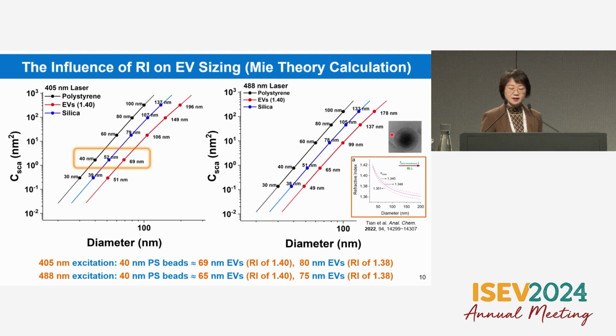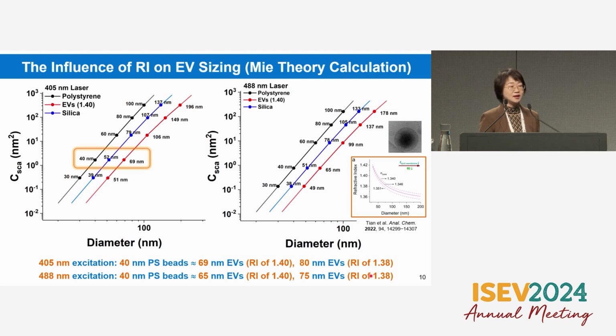And because the EV has a core-shell structure, its refractive index varies with size. If we take a refractive index of 1.38 instead of the 1.40 we normally use, you can see the 40 nanometer polystyrene is actually equivalent to 80 nanometer EVs.